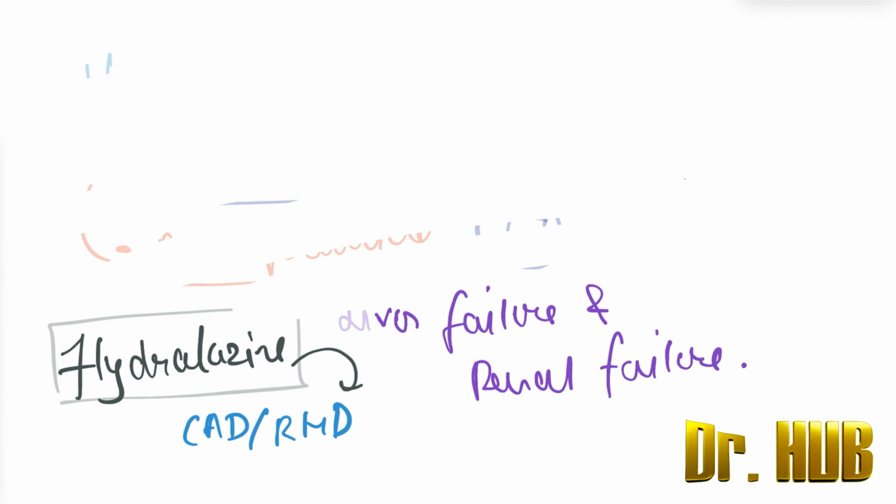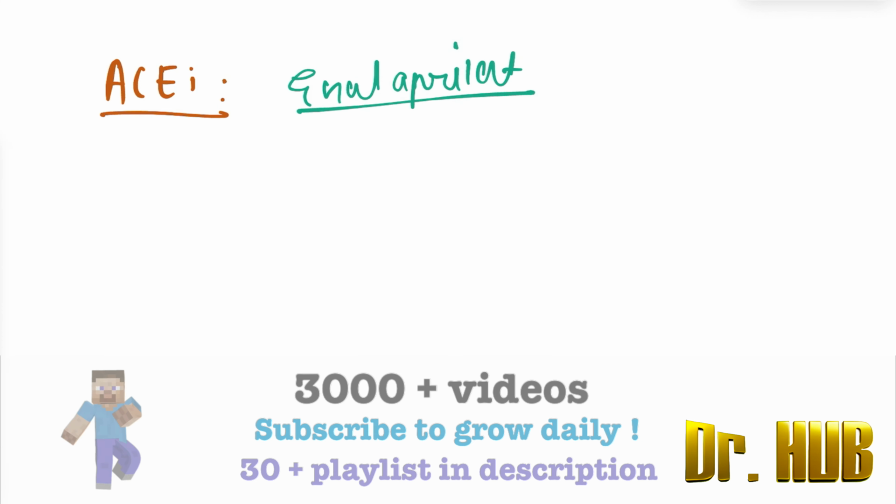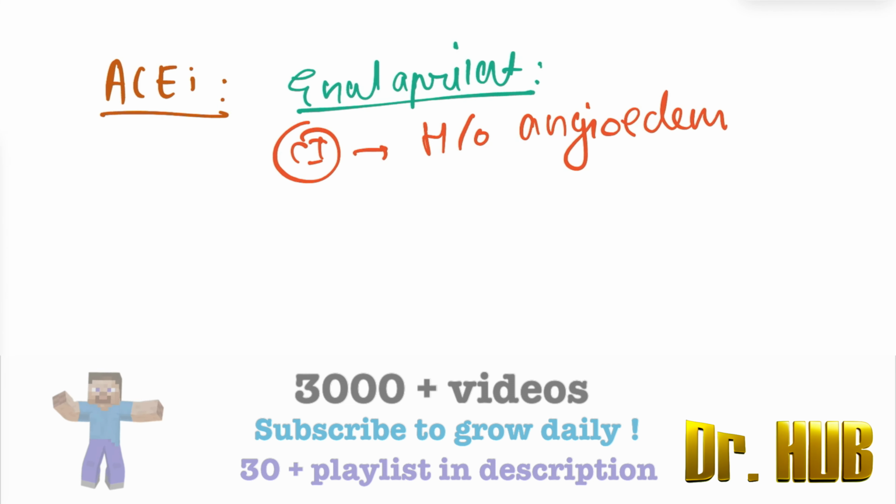Next, we move on to a class known as the ACE inhibitors. Under the ACE inhibitors, the example is enalaprilat. Here the contraindication is in case of a history of angioedema. Then we look at the alpha blockers.